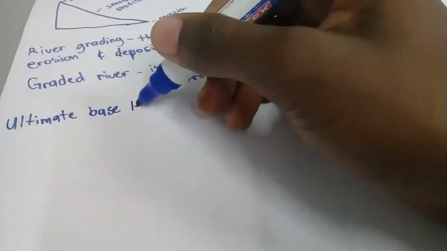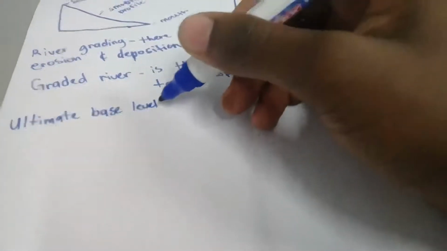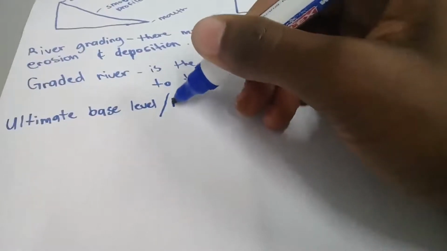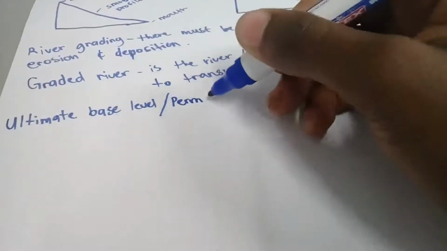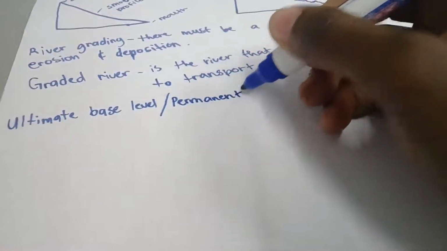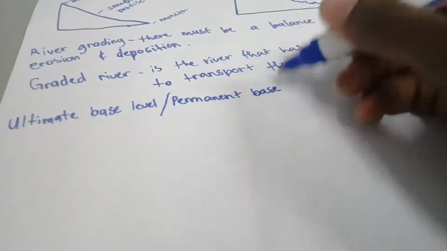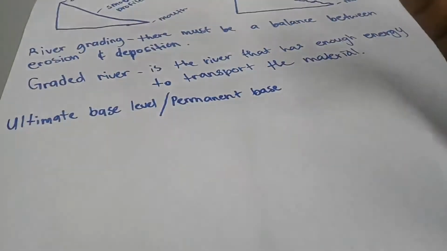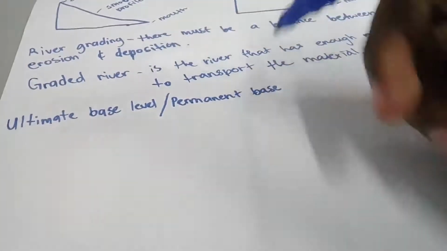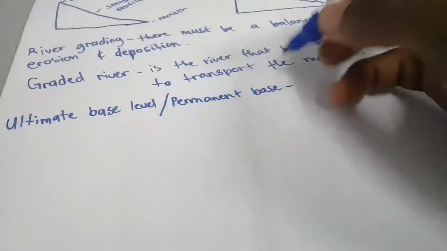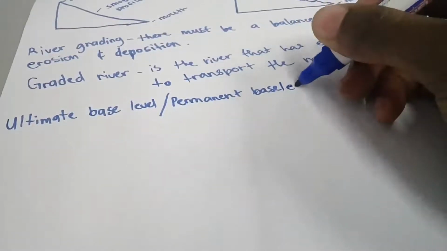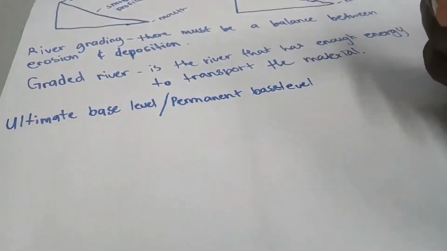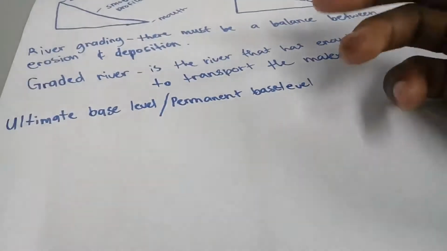Ultimate base level, or you can say it's a permanent base level. A permanent base level is something that is natural, it's permanent, it can't change and so on. It's not temporal, but we also have a temporal base level we're going to talk about after I've explained this one.